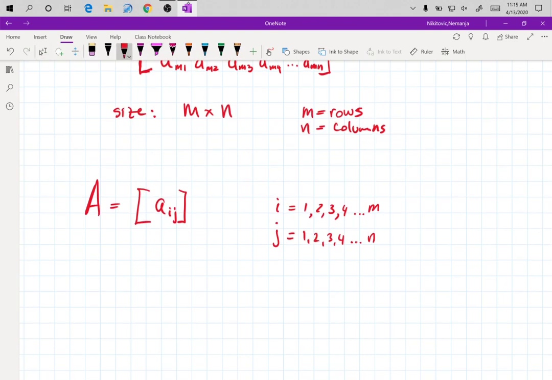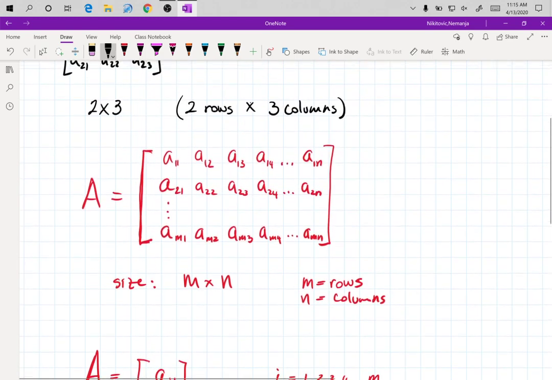So you can now pick any values. Say you pick a value A4,1. This is the 4th row, 1st column. I don't need to list the whole matrix. I can just pull one element. And these guys are called elements.